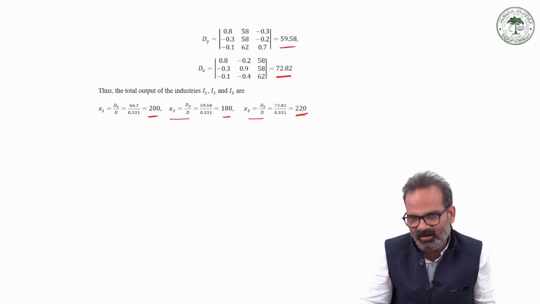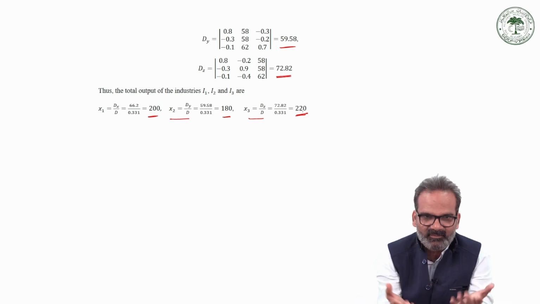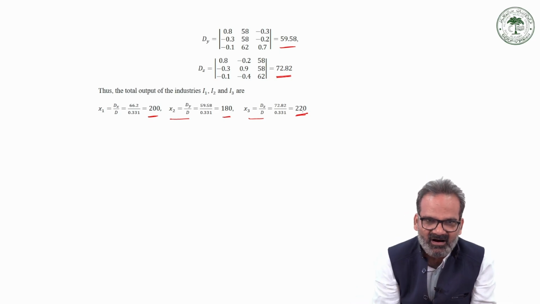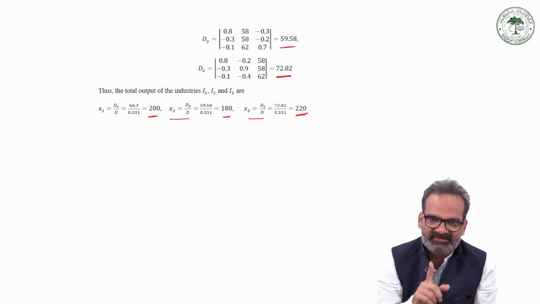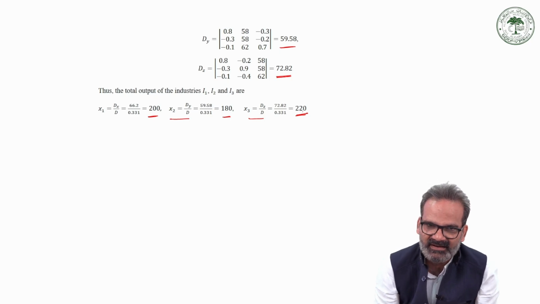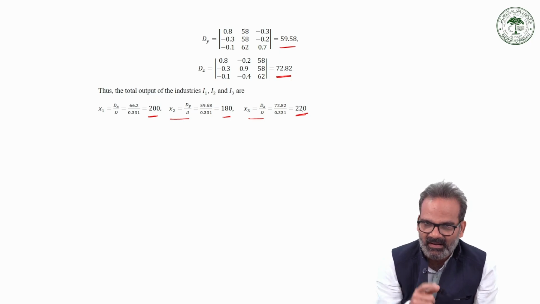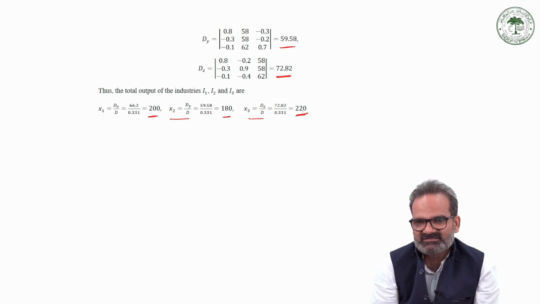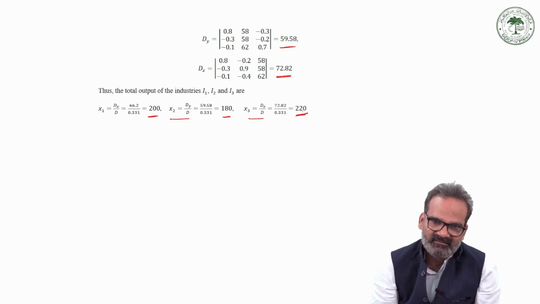So this is how we determine it: 200 units of the commodity must be produced by industry I1, 180 units by industry I2, and 220 units by industry I3, right?